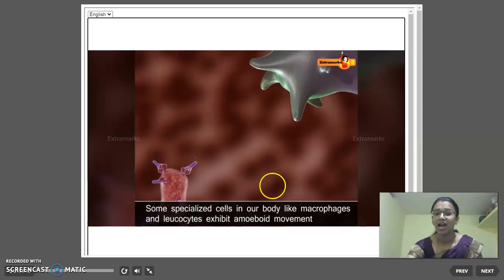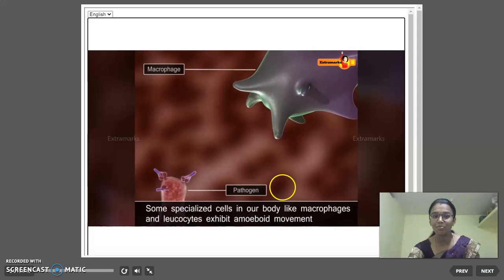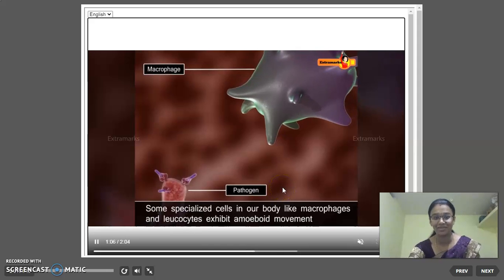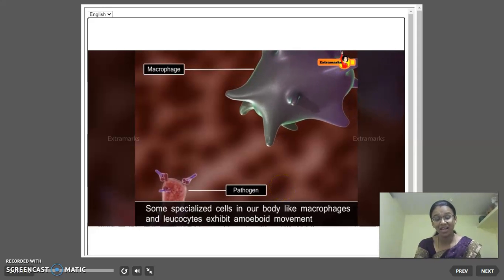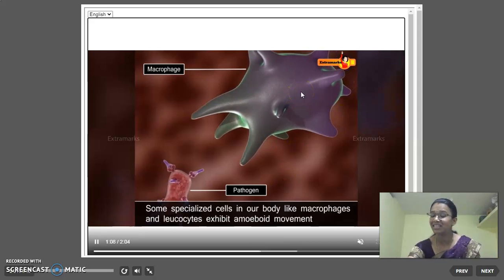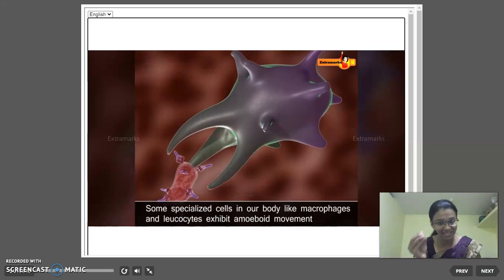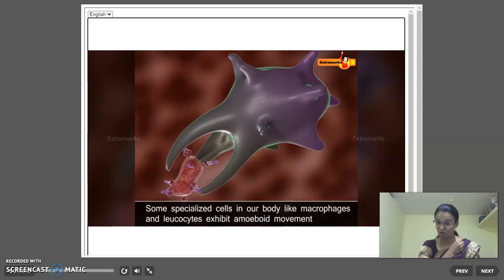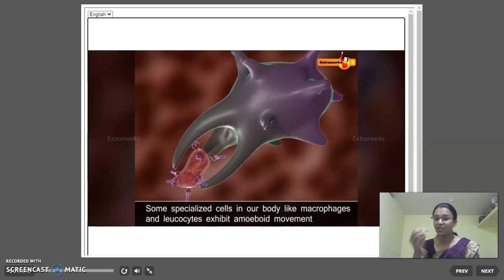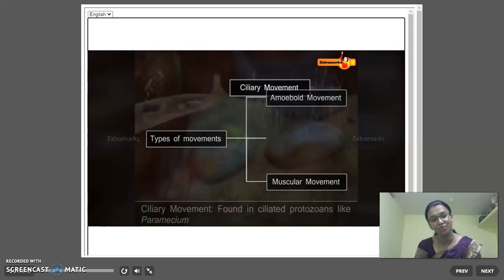And then our body has some macrophages and leukocytes. They too exhibit amoeboid movement. They are cells found in our body, and they too move like amoeba. That is called amoeboid movement.